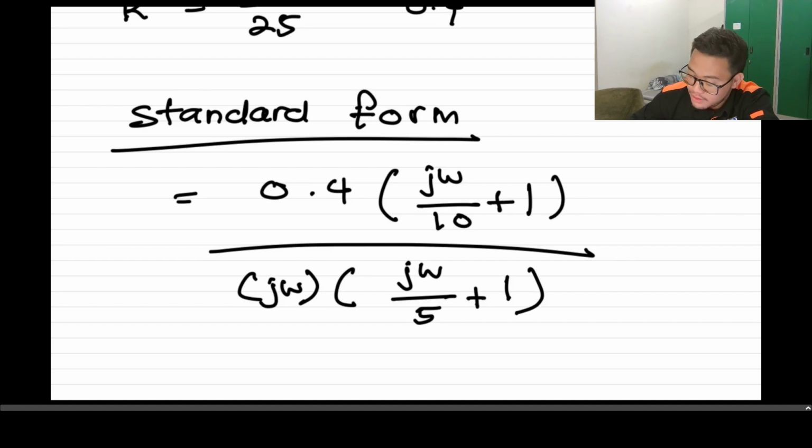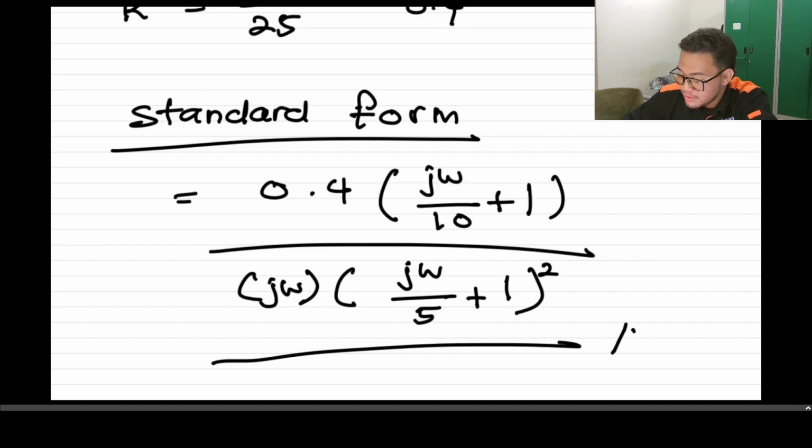Also, as I mentioned, don't forget to write this power of 2, alright? So that's all from me. I will pass to my partner Abhishek to create a magnitude Bode plot and phase Bode plot. So thank you. Bye.